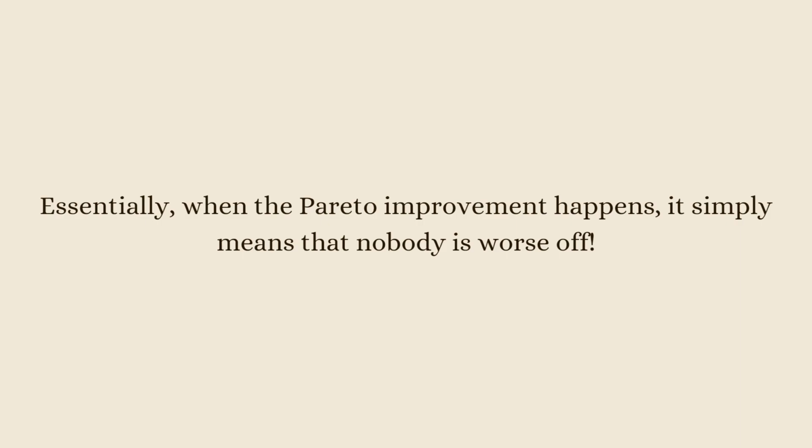The main goal of Pareto improvements in the general economy is to create a net benefit to society that also does not harm any member of the said society. Some, or at least one, had an improvement. Others might have stayed the same, but again, nobody is worse off.